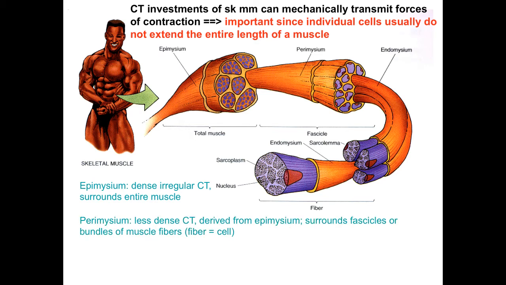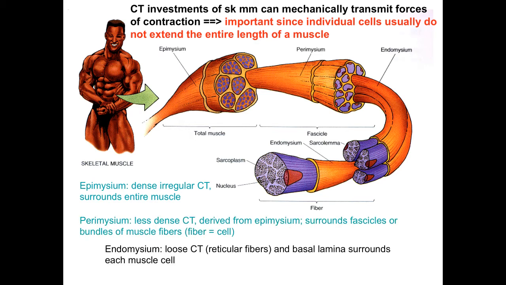And from the perimysium, one has an endomysium, which is a looser connective tissue of reticular fibers. It's consisting basically of reticular fibers and the basal lamina. The endomysium surrounds an individual muscle cell.